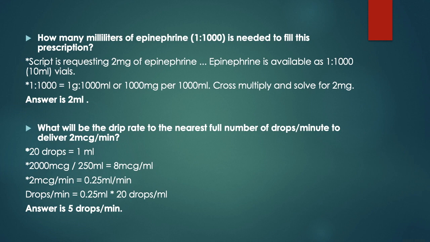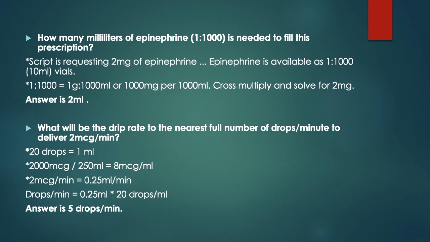Now I know we got exactly 5 drops per minute, but let's just say when you multiplied, you got 4.2. You must round up to make sure that the patient gets the whole medication, okay? Unless they tell you to do otherwise, I would round up. So if it's 4.3, it will be 5 drops per minute, okay?